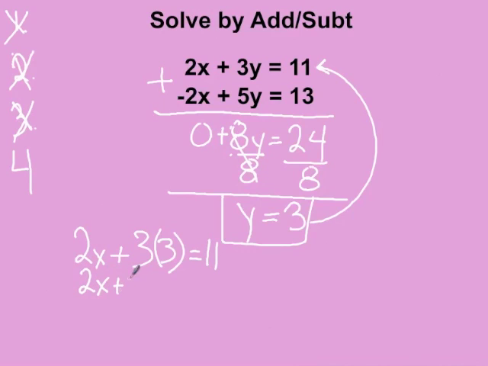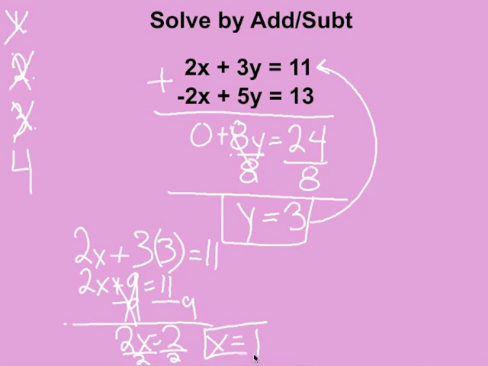So 2x plus 9 equals 11. Subtract 9. Those cancel out. We have 2x equals 2. Divide by 2. x equals 1. So now, our solution to this problem is x equals 1, y equals 3. So 1, 3. That's our solution.